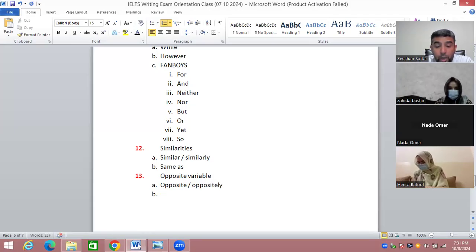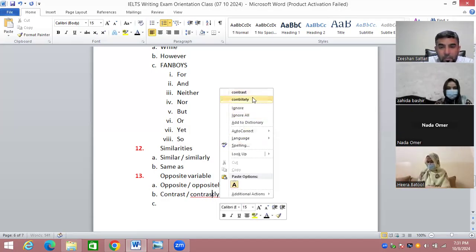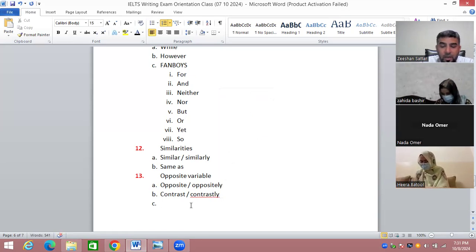We can use the word "contrast" or "contrastly." Contrast or contrastly.